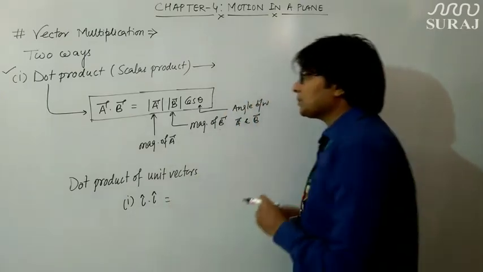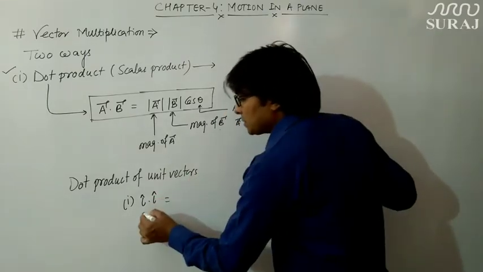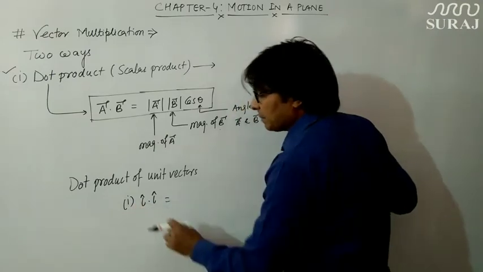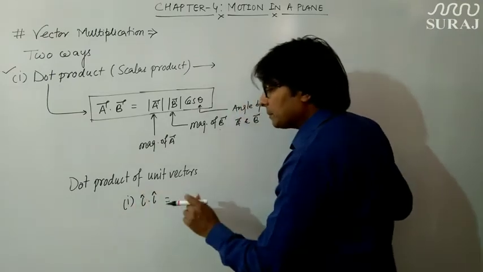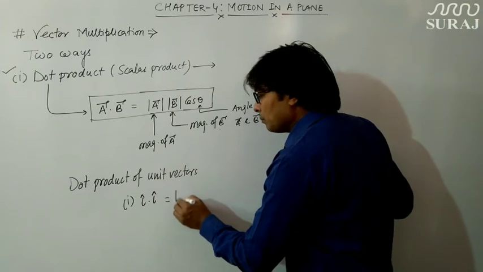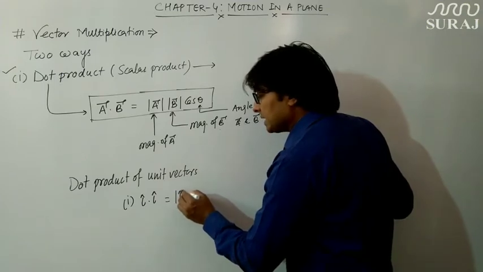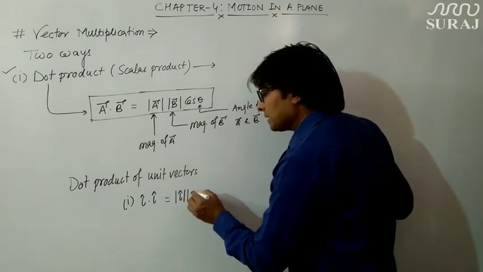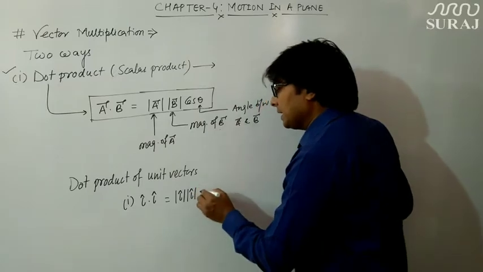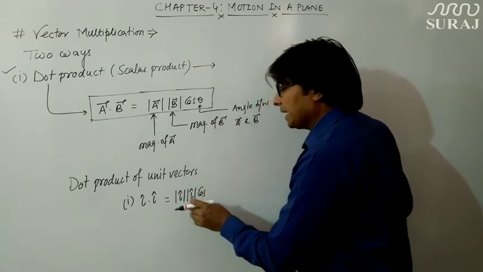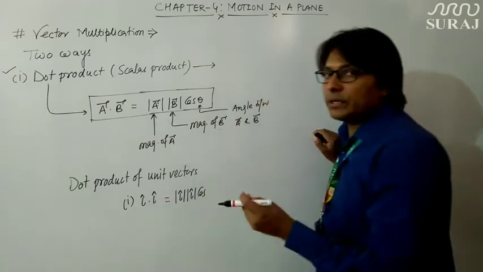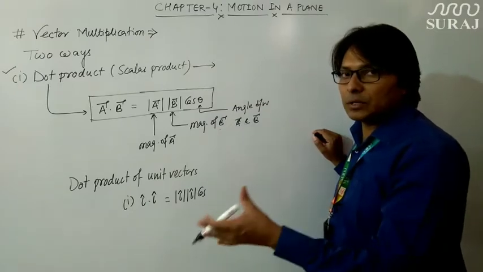Using this formula, in place of a vector it is i cap, and in place of b vector it is also i cap. So I can write it as mod of i cap, mod of i cap, and cos of the angle between i cap and i cap, which is always 0, because i cap is parallel to i cap.